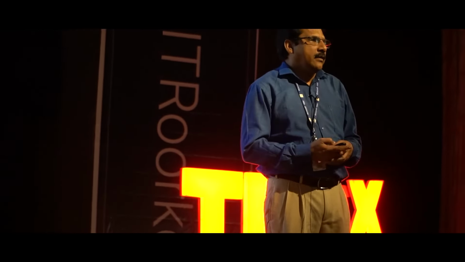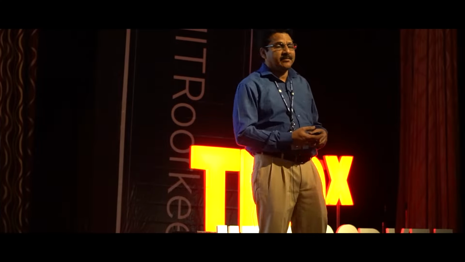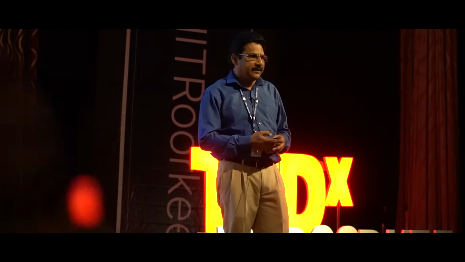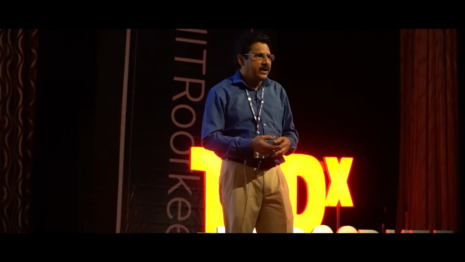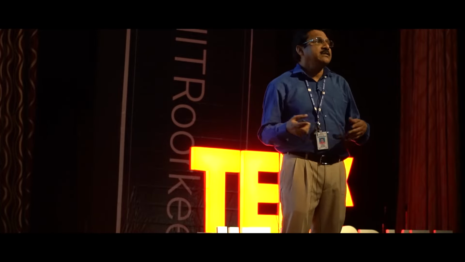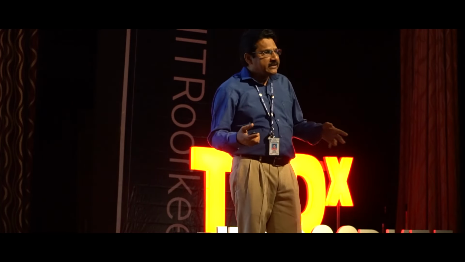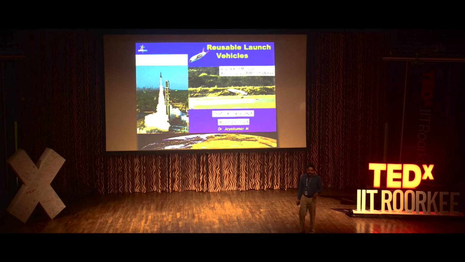When this vehicle is used again and again for this purpose, it is termed a reusable launch vehicle. And the main purpose of going for reusable launch vehicles is to reduce the cost of access to space, or to reduce the cost of launching satellites into space.